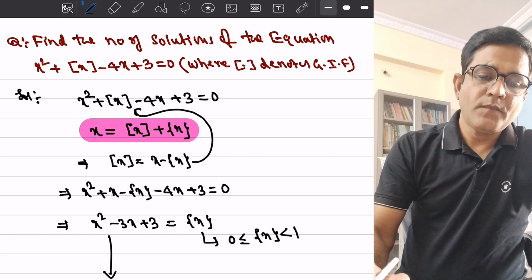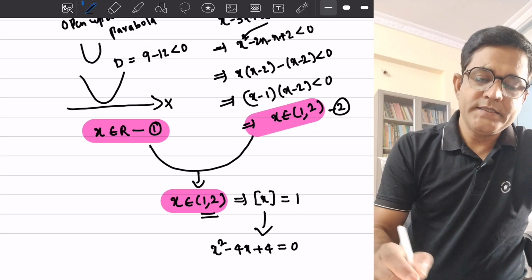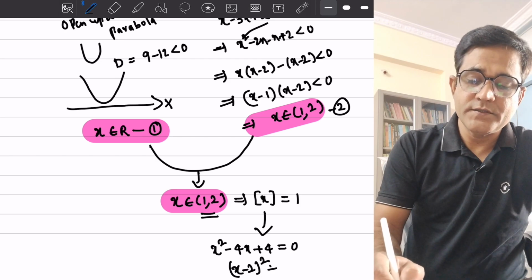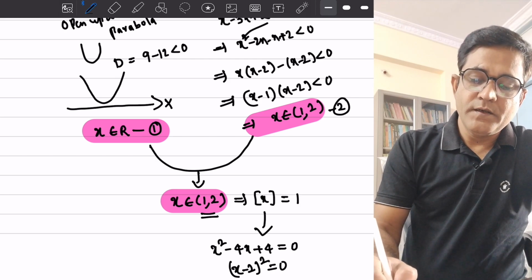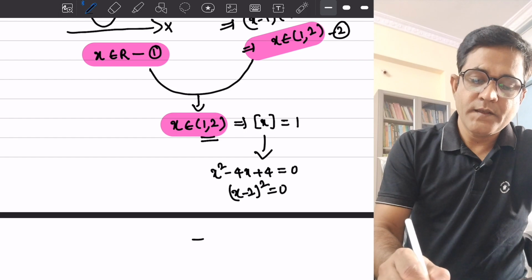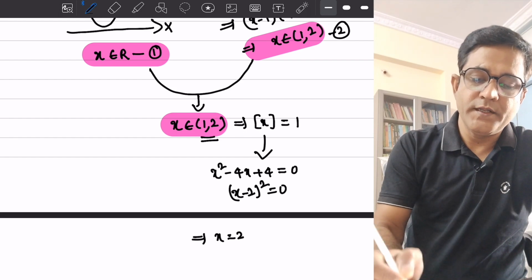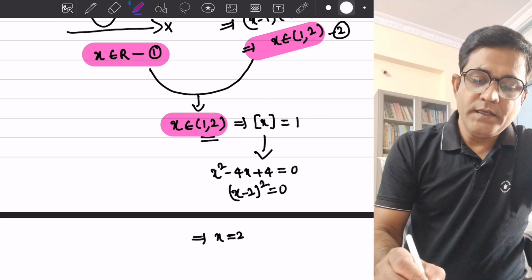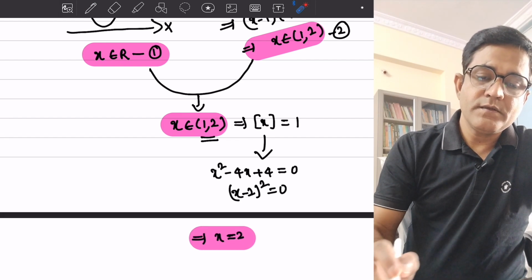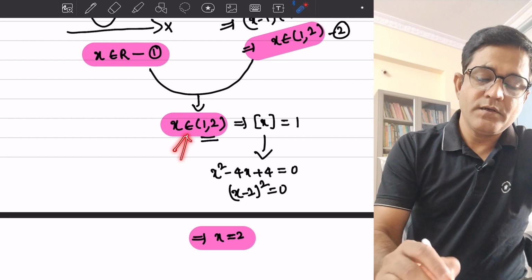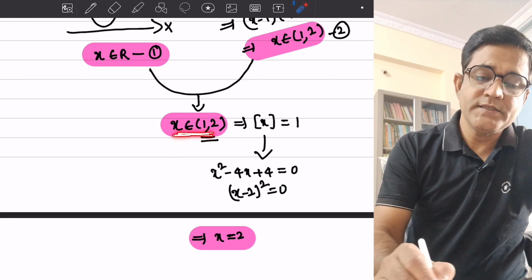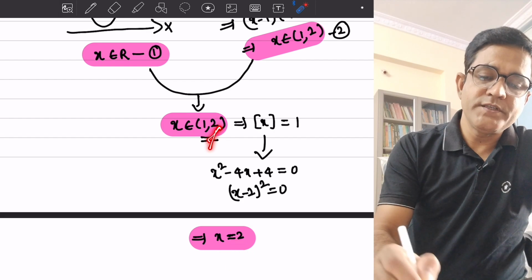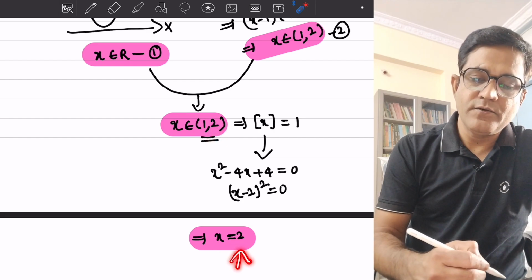Now it is a perfect square, therefore you can write this as (x − 2)² = 0. From this, x is equal to 2 only. But our x range is (1, 2), an open interval, and we got the solution x = 2.